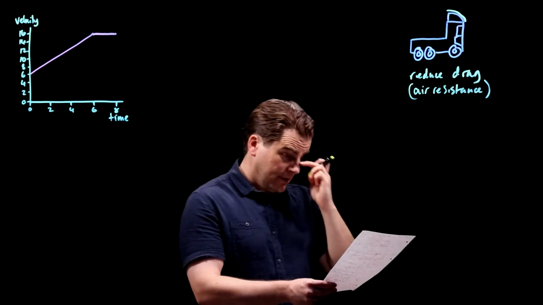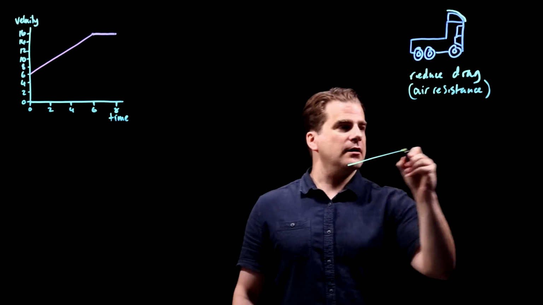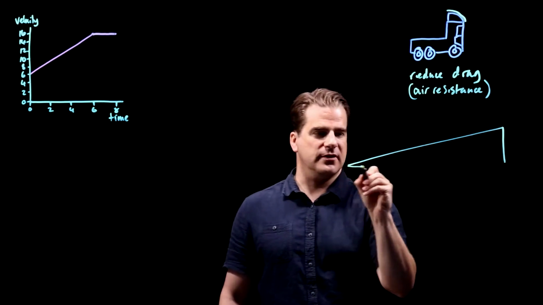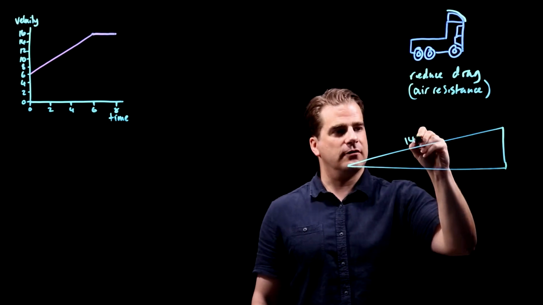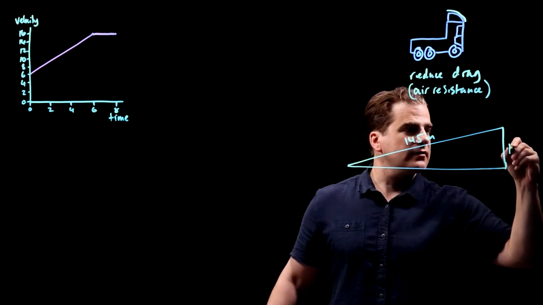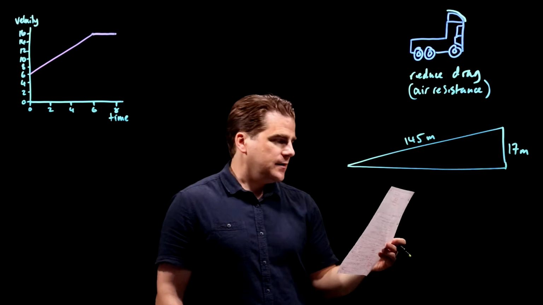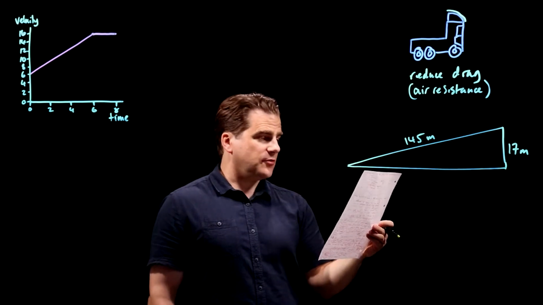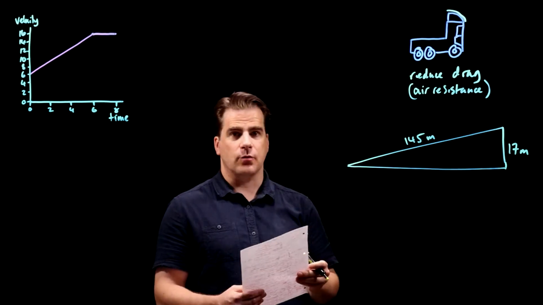Right, so this lorry goes up a long slope or hill, which is 145 meters long and 17 meters high. State the relationship between work done, force, and distance moved in the direction of the force. 1 mark.